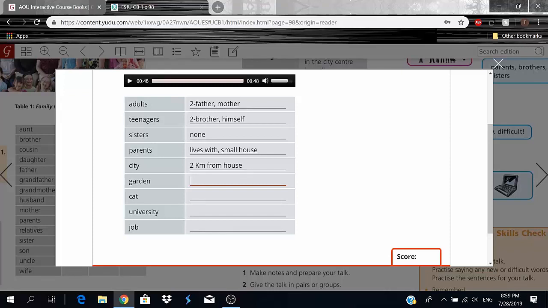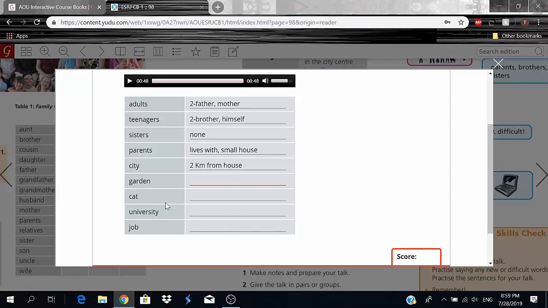You gotta just write something really quick that gives you that memorization that you need, and then move on, right? So I could say the city is 2 kilometers from his house, okay? But I could just write 2 kilometers from house and move on, okay? That speed is needed, and it's acquired by practice, okay?